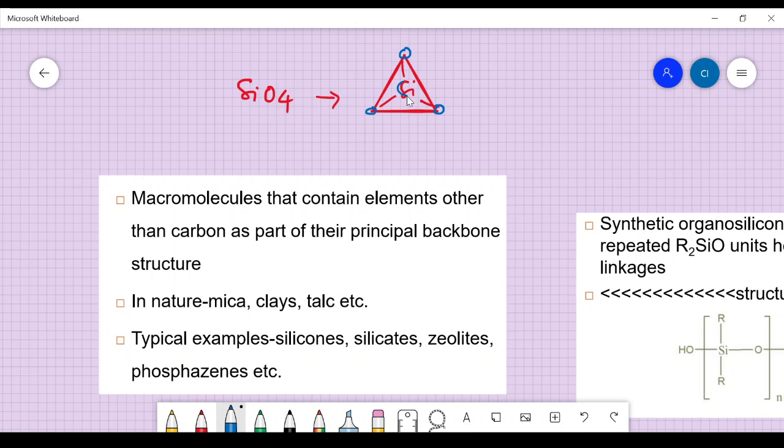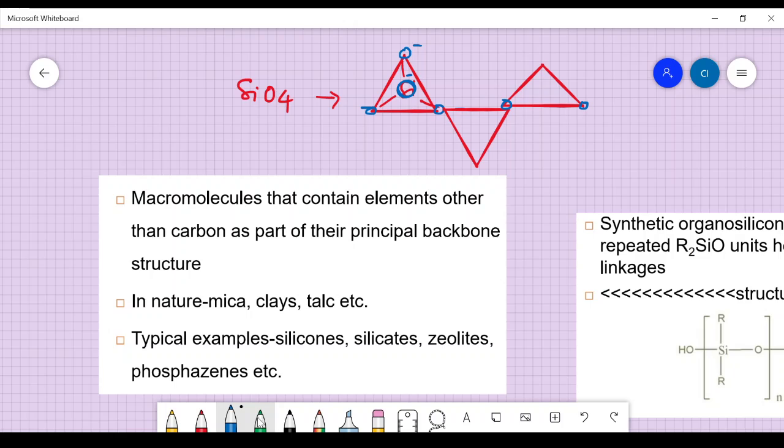Each oxygen carries a minus 1 charge, so you'll have 4 minus, and this is a silicate. If you want to have a polymer, it can go on like this, linked by oxygen atoms, and it can go on like this.